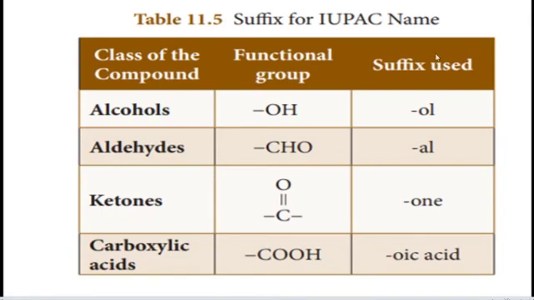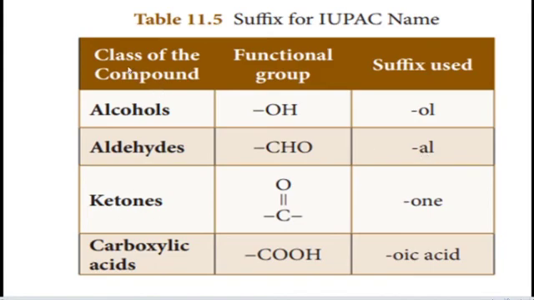The functional group and suffix, by class of the compound. If it is the alcohol group, the functional group is OH, the suffix used is OL. The word ends with OL. Then the class of the compound is aldehyde. The functional group is CHO. The suffix AL is used.